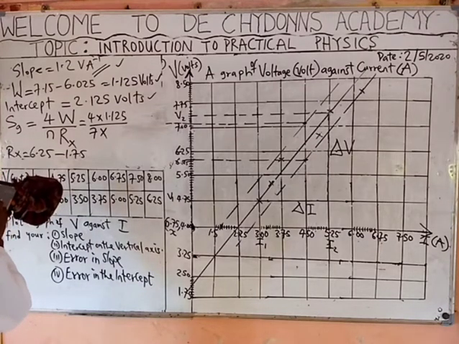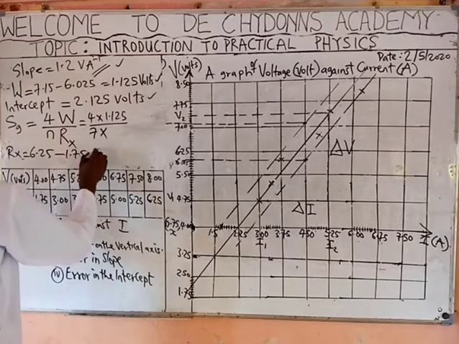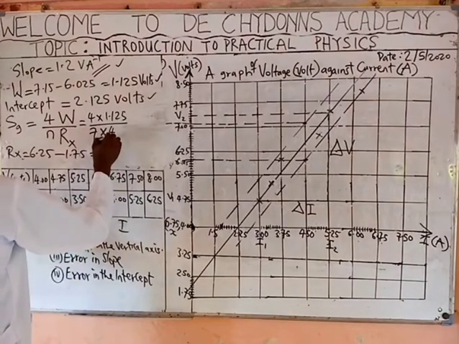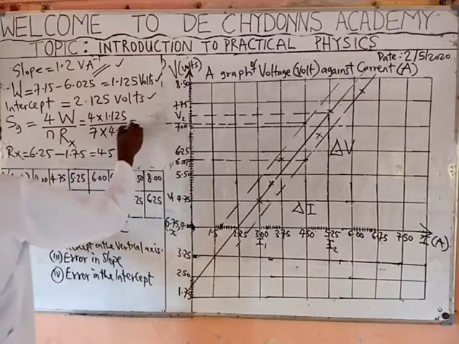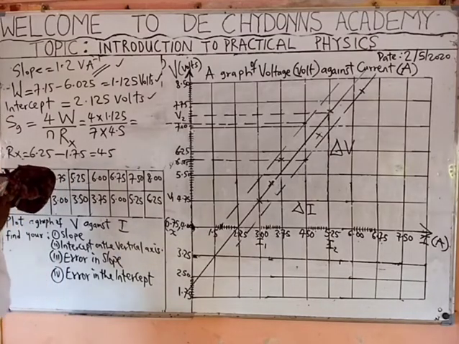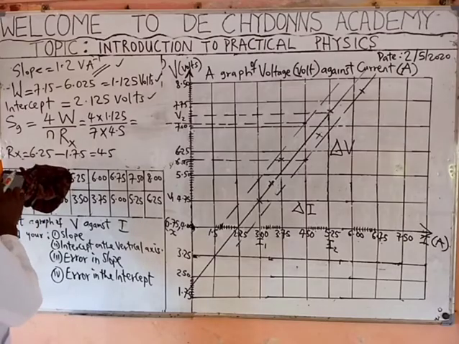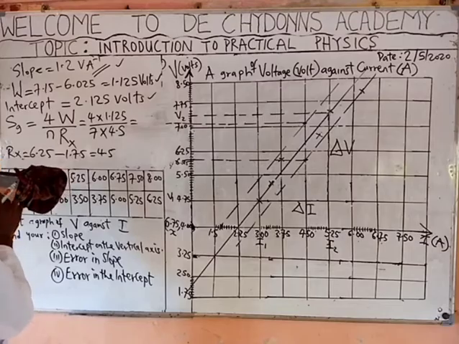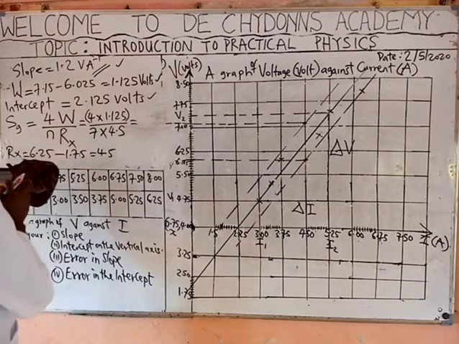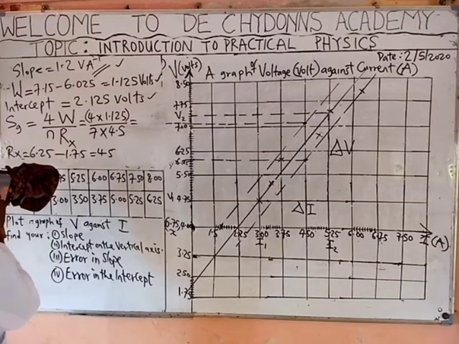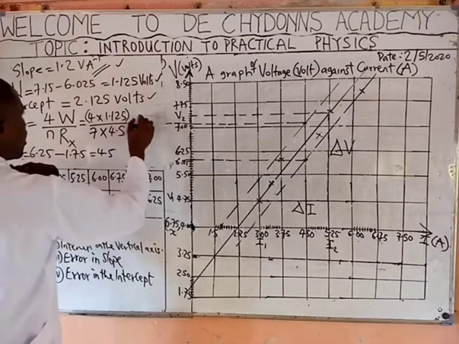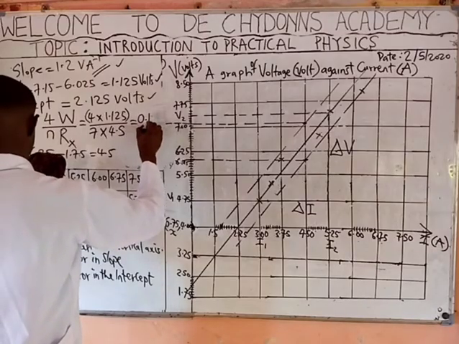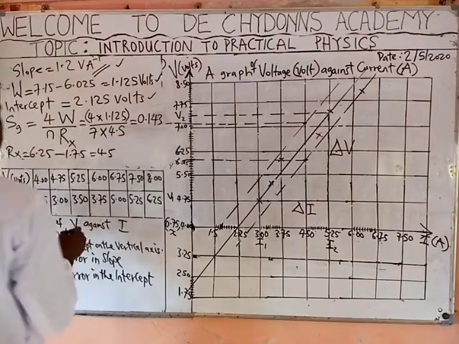6.25 minus 1.75 will give us 4.5. So you put it here, times 4.5. That is your range. You now say, when you multiply 4 times 1.125 in bracket, divided by 7 times 4.5, that will give us 0.143.